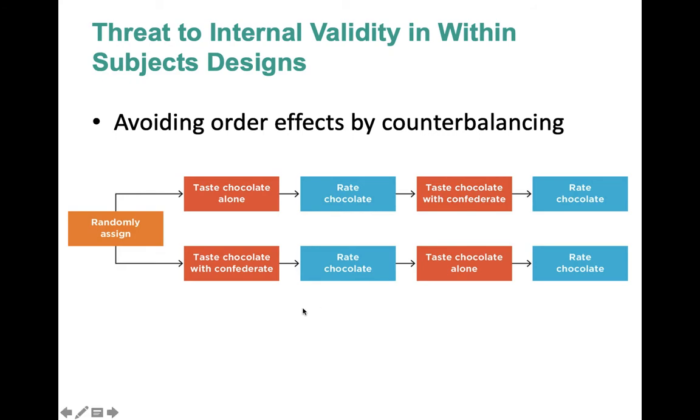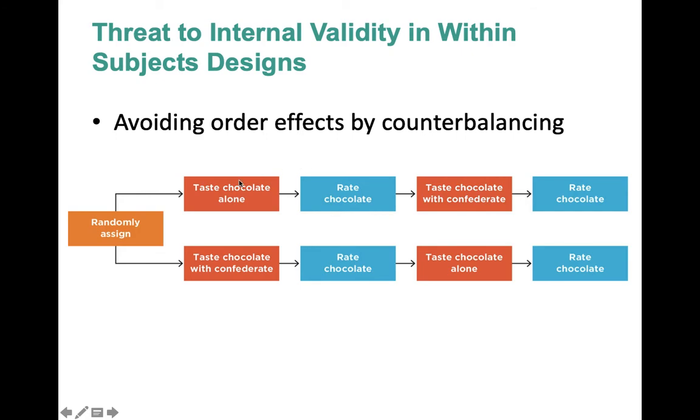So in this case, if this order was first and they didn't take that into consideration, maybe there's higher ratings because people have that first bite when they're doing it along with the confederate, but then there's this carryover where the chocolate is less pleasurable, and it's not because you're tasting that chocolate when you're by yourself, but just because it's that second time that you've had it.